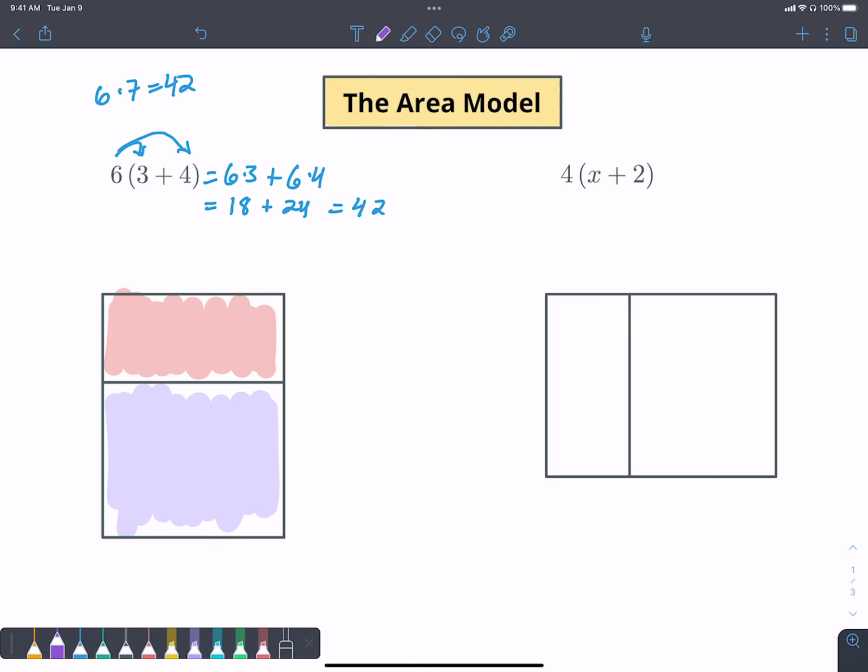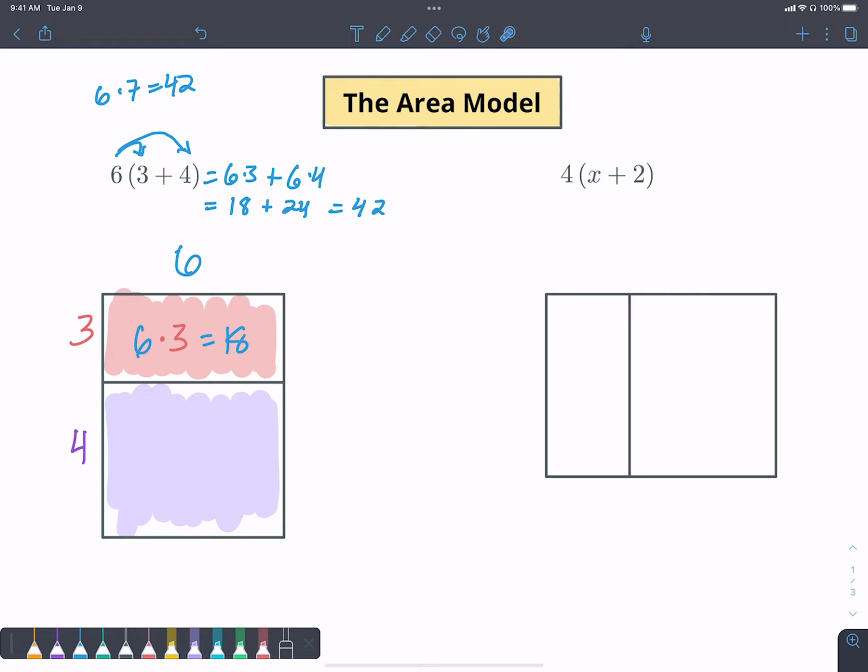So let's take 6 and we'll put it up here, because there's only one number here, so we've got one dimension, or one piece here. Here we can see this is broken into two parts, so we'll put the 3 and the 4 in there. Let's put 3 here and let's put 4 down here. So if we take 6 times 3, we of course are going to get 18, just like we did before.